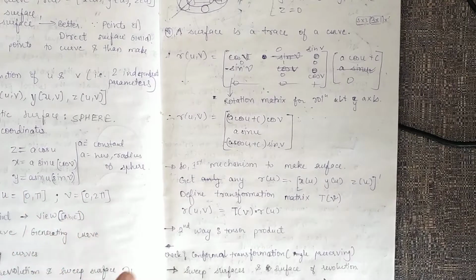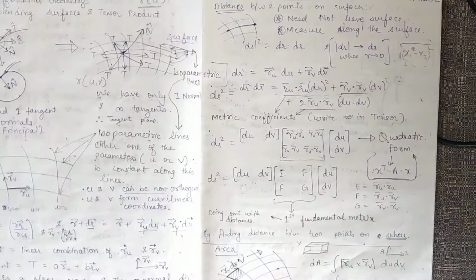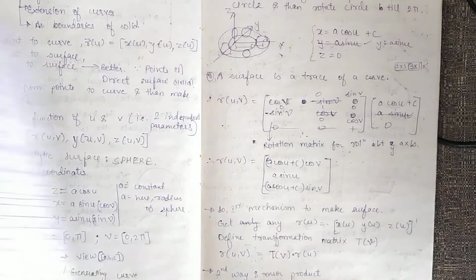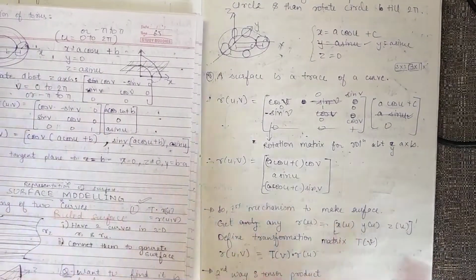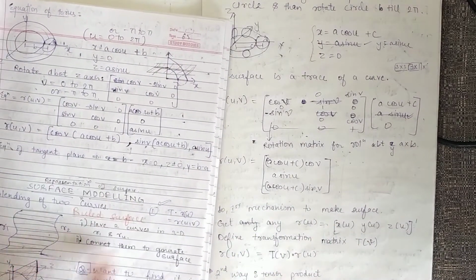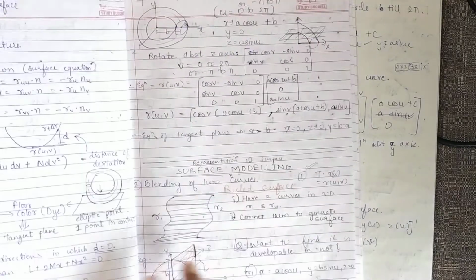So this method is called a surface of revolution or a sweep surface, the surface which we get, right? Okay, we have done that. So this is one of the methods. We take the guiding curve, and we get the surface.